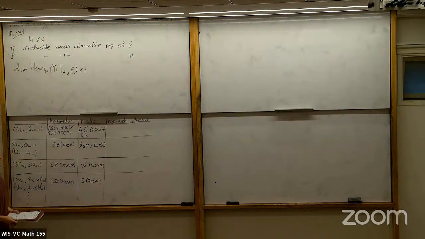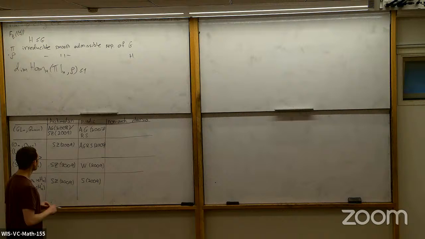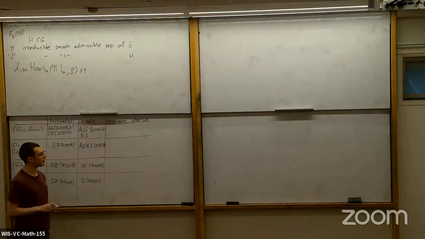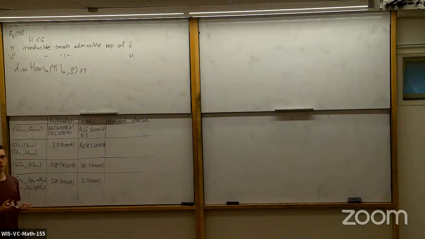So what about the last column, positive characteristic? All of these proofs go more or less the same, using a method I'll describe later. But here it wasn't known how to generalize this proof.